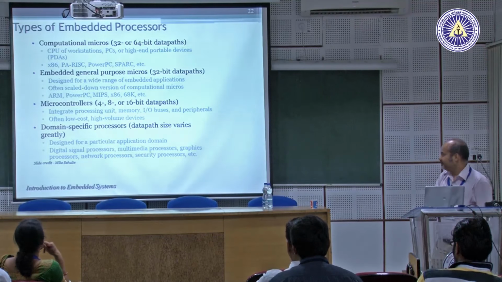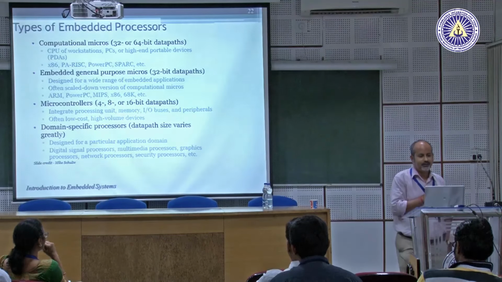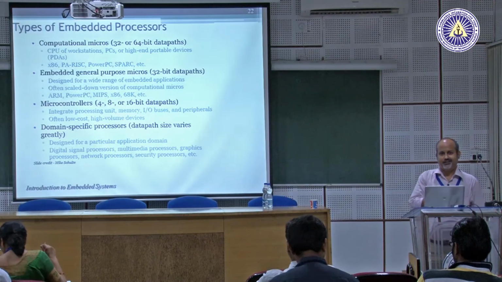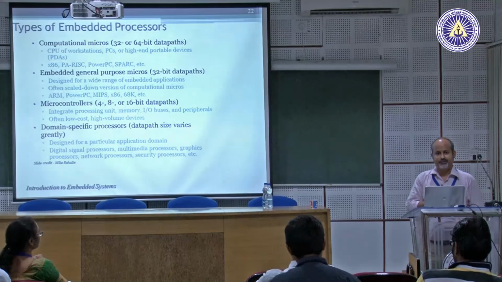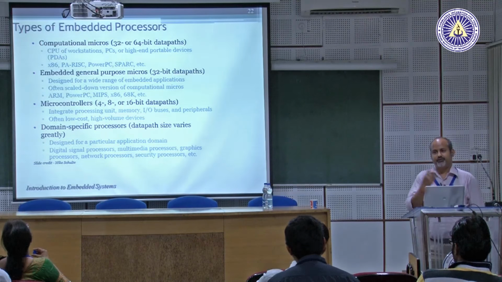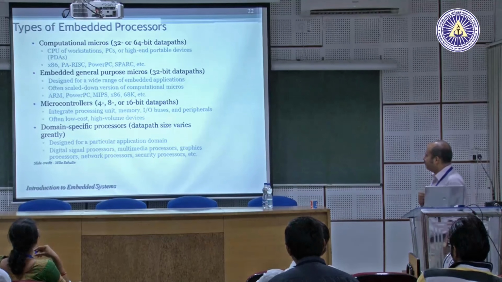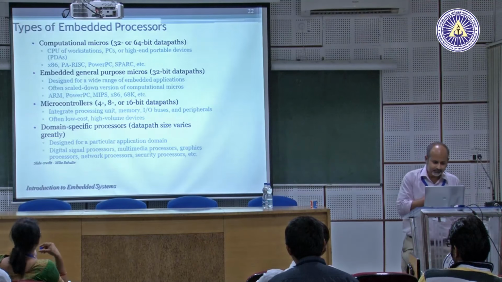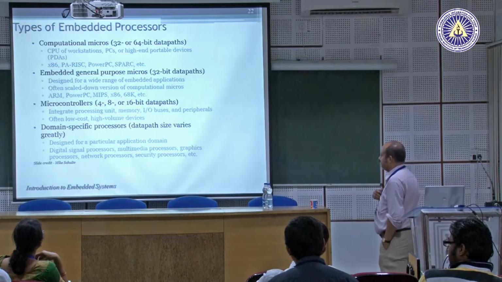For example, if you use the most recent ARM processor in your system on chip, you are going to pay quite a bit, probably $15-20 per piece that you sell to ARM for that design. Then you can also have domain specific processors.